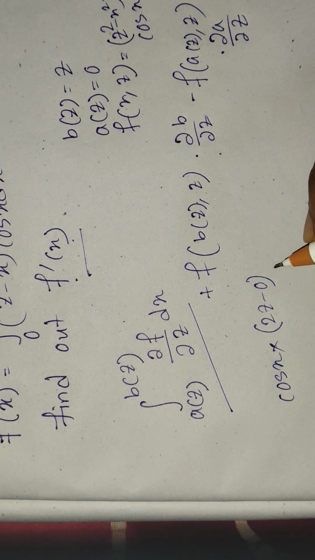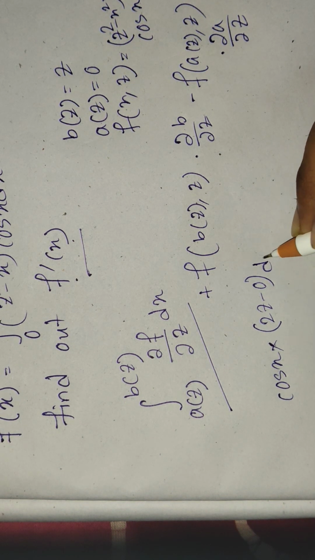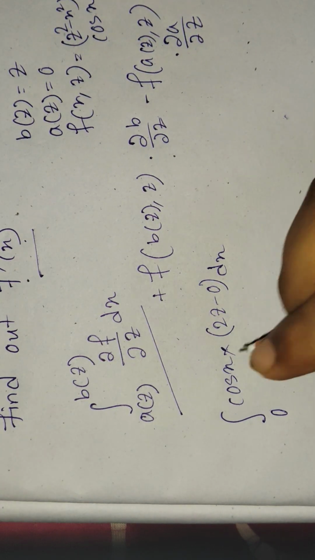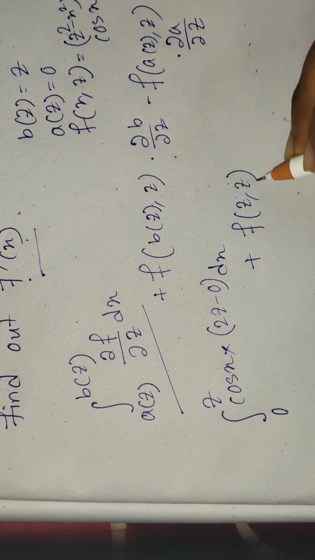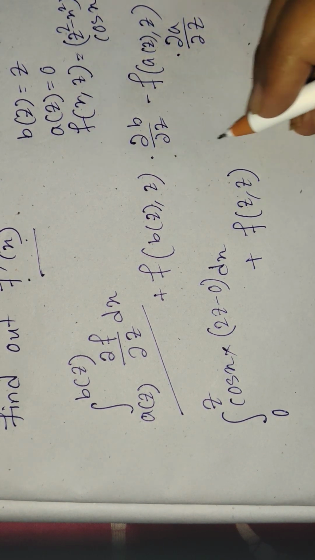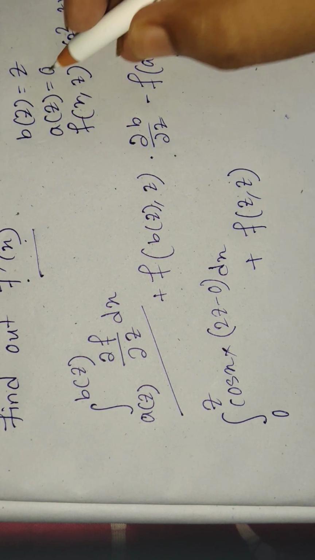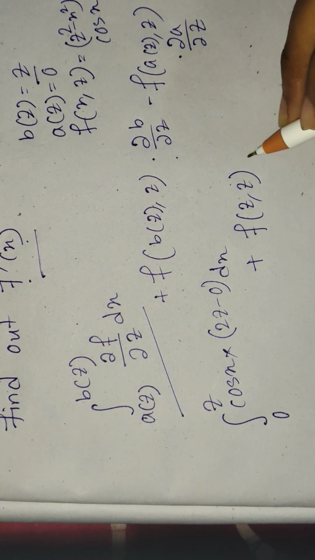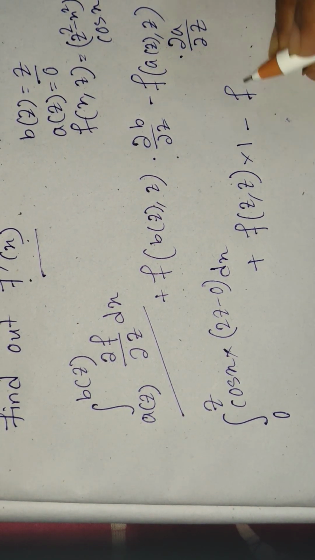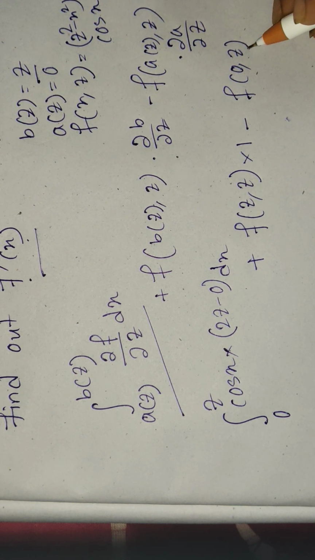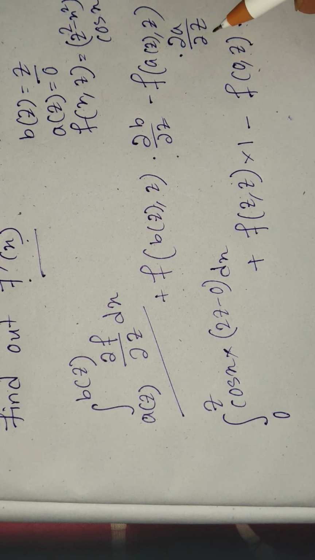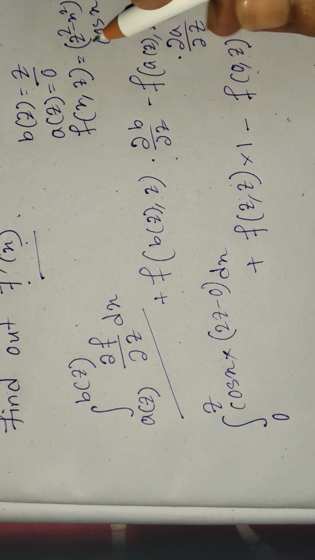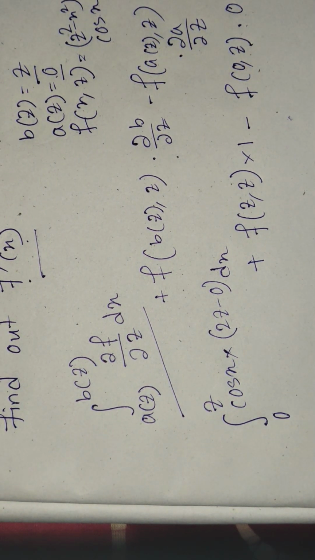Now this is dx, and the limits are 0 to z, plus f(z, z), into the differentiation of b(z) with respect to z, which is nothing but 1, minus f(0, z) into, this is again 0 because a(z) is 0, so the differentiation will also be 0.